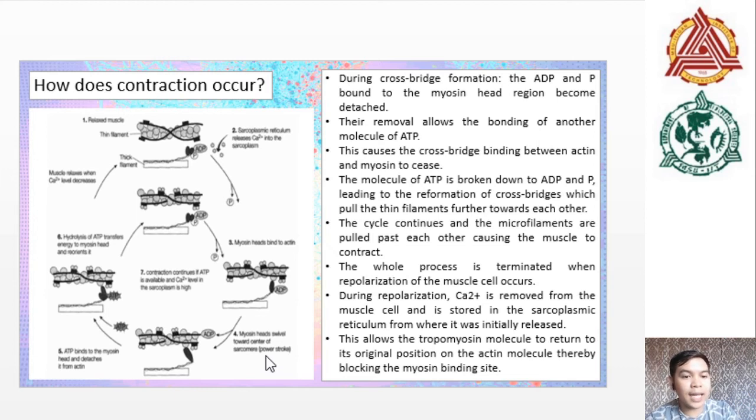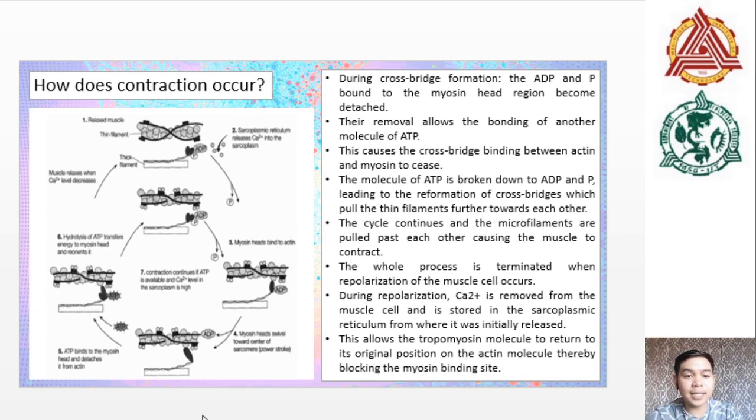Their removal allows the binding of another molecule of ATP. This causes the cross bridge to cease. The molecule of ATP is broken down to ADP and inorganic phosphate, leading to the reformation of cross bridges. The cycle will continue and the myofilaments are pulled past each other, causing the muscle to contract.